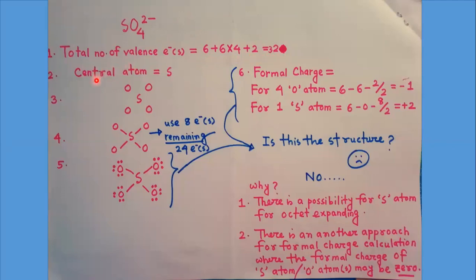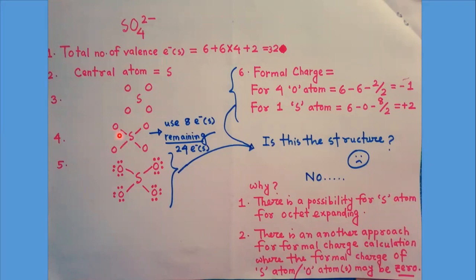Next, we have to identify the central atom, where the central atom is sulfur. As sulfur is the least electronegative element between oxygen and sulfur, it will act as the central atom. Then we will arrange the 4 oxygen atoms as you wish or as I wish.